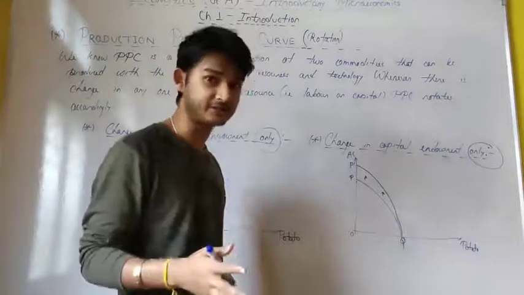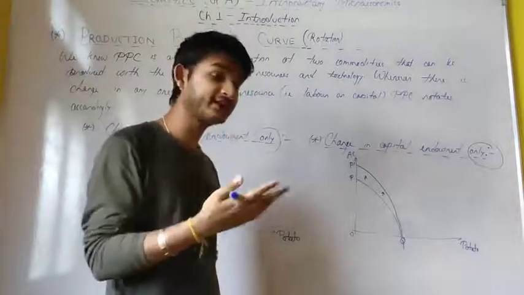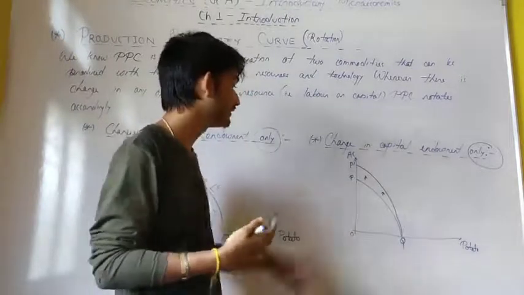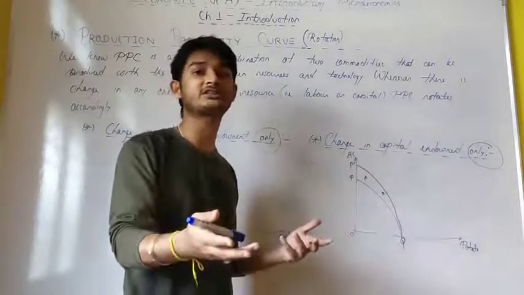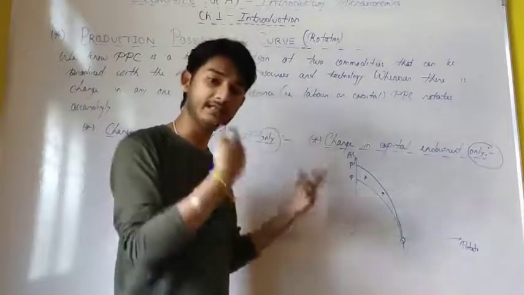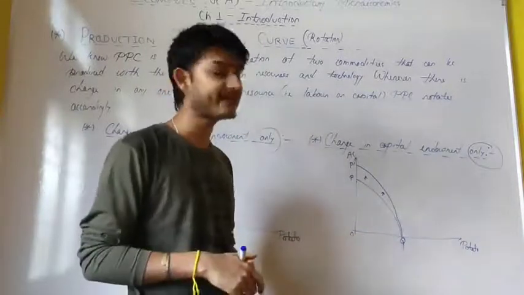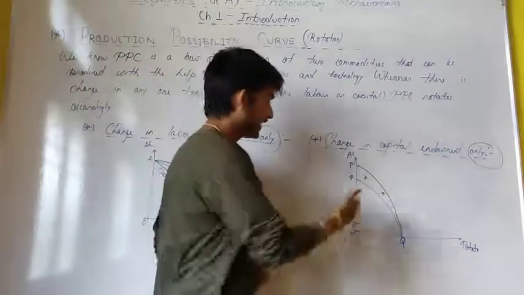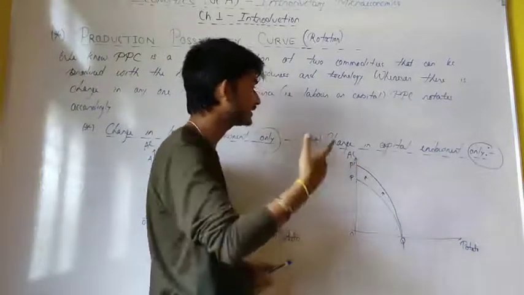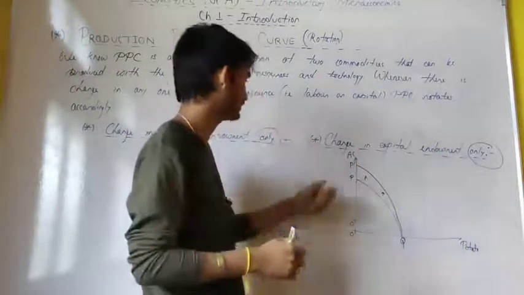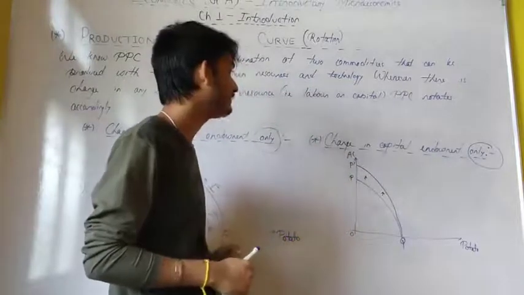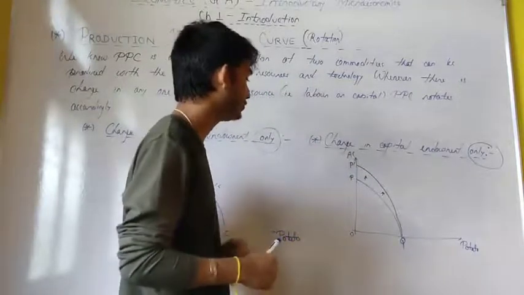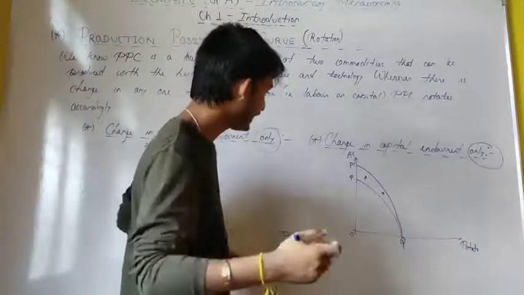Had it shifted, as we have already seen in our last video, the entire PPC would have shifted because the change was associated with the labor resource as well as the capital resource. Here the change is associated with only one type of resource, the capital endowment only.